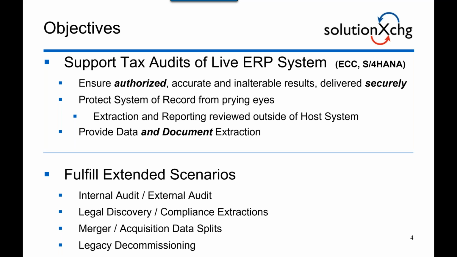And then very specialized extraction can also include providing content for legal discovery, such as for an FDA audit about materials and how they were handled, or splitting out a subset of an entire company code because of a merger, M&A activity, even a full database decommissioning, extracting everything, which is transactional data, master data, and system data.